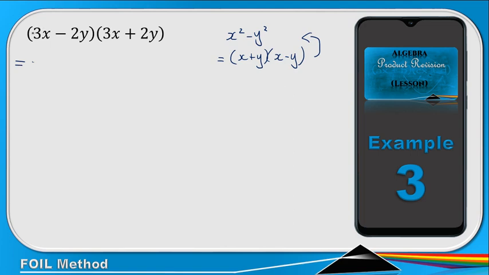In our case we've got 3x, so the square of that is 9x squared, and then minus the square of this, which is 4y squared. And that's our answer. Because if you factorize this again, you'll get back to that. So this is optional. You can check that if you FOIL it out, you will get the same answer.